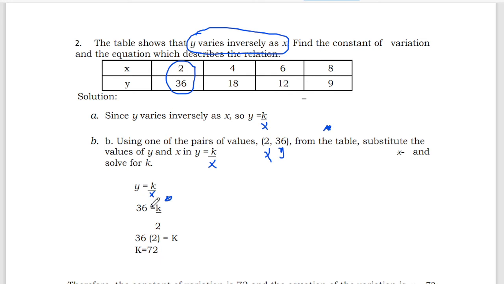But your y is 36 and your x is 2. So multiply both sides by 2 to eliminate 2. We will just apply the property. Multiply both sides by 2.